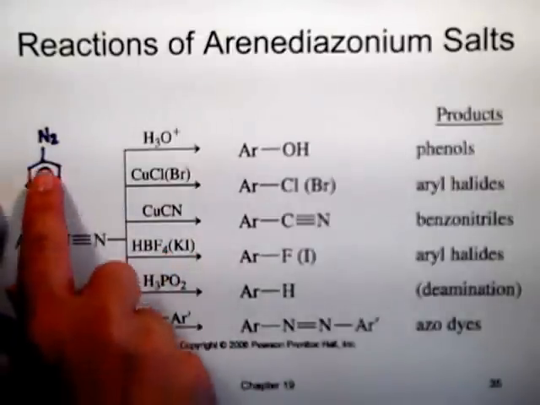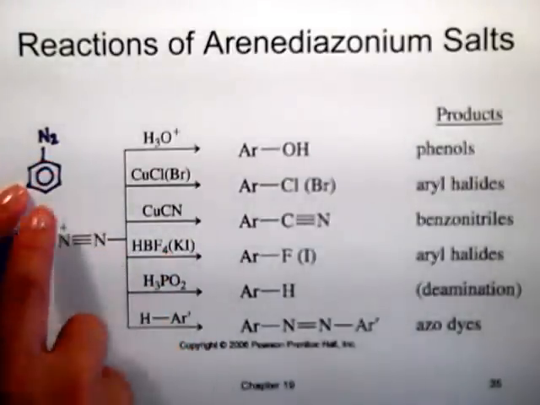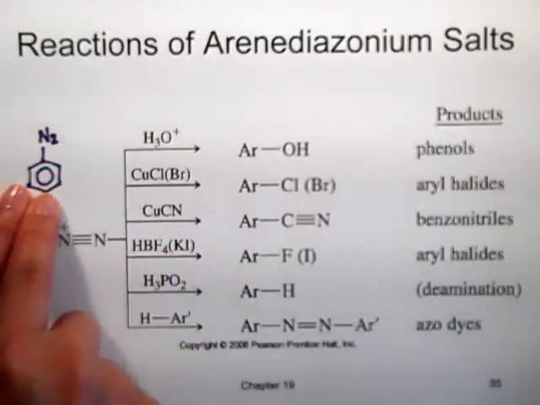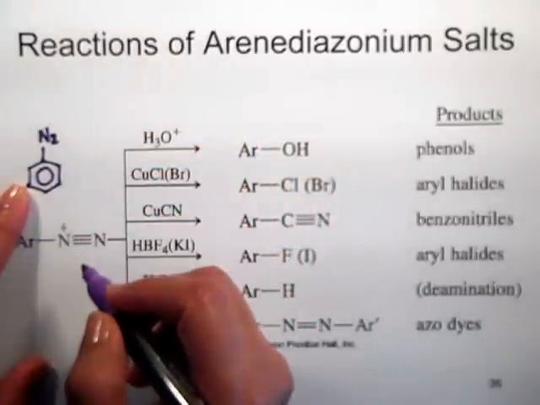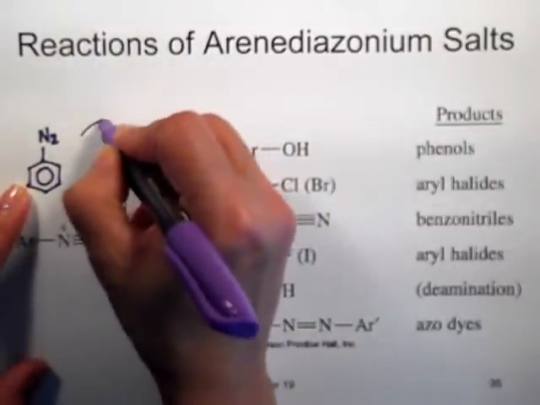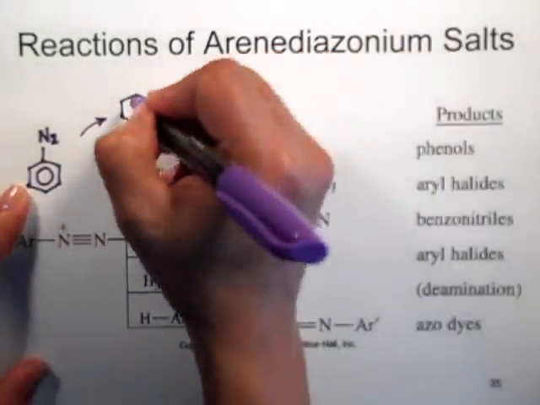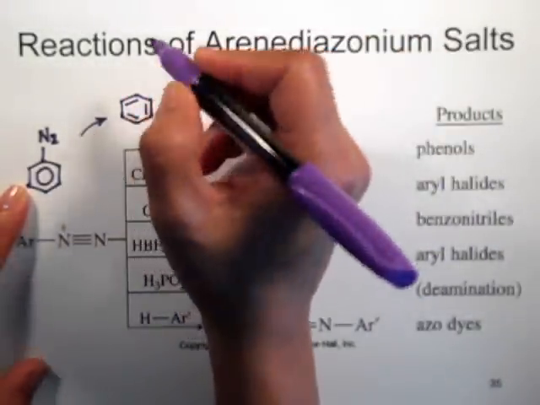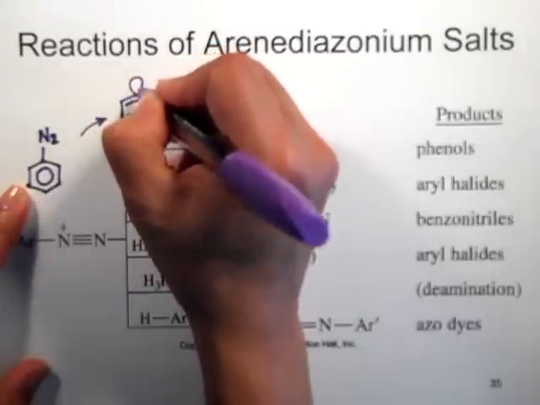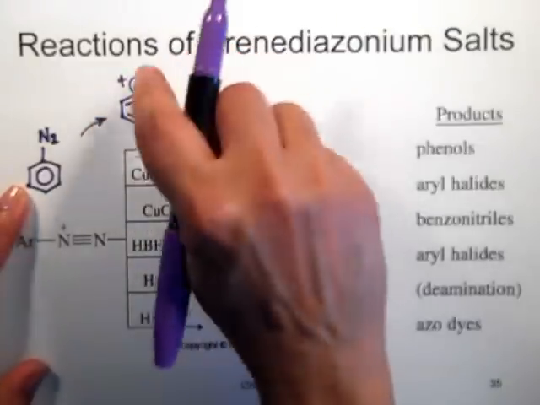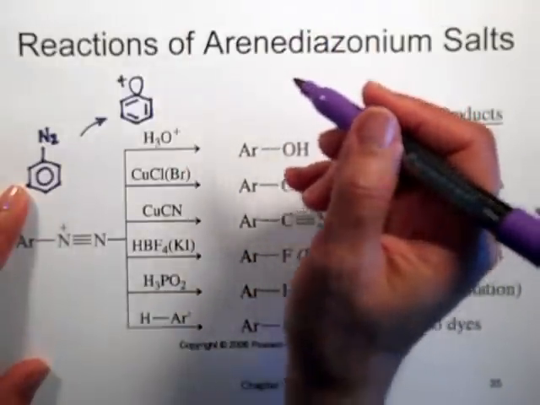So for example, if you take your arene diazonium salt and you add water to it, they have proposed this as an intermediate. The leaving group leaves. I'm going to put the 3 double bonds. And now this is an empty sp2 orbital.